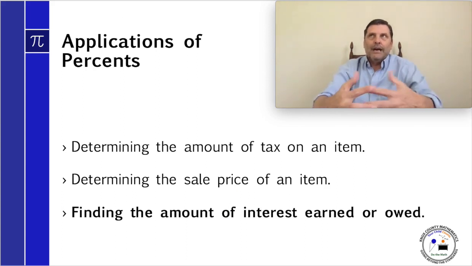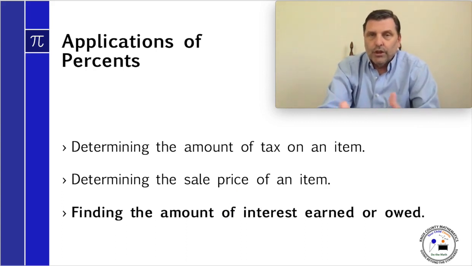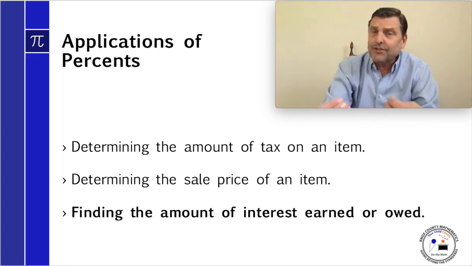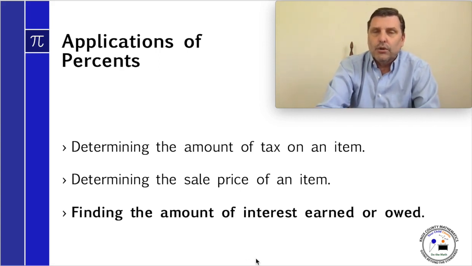Now, as a reminder from your 7th grade curriculum, there are 4 really big areas where you would apply percents. Determining the amount of tax on an item that you might buy, sales tax, for example. Determining the sale price of an item, which we really worked on last week in the spiral review. But what we're going to deal with today is finding the amount of interest earned or owed.